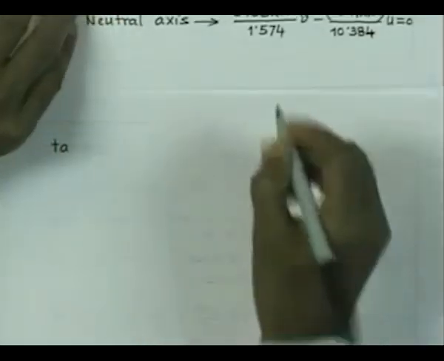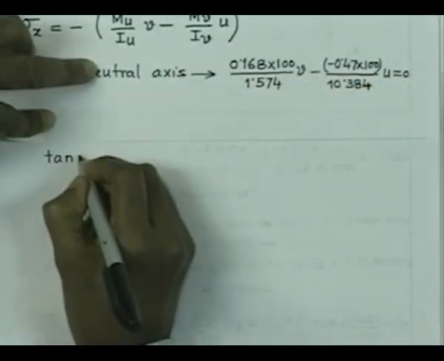So, we can now write V by u, which is, let us say, tan beta.